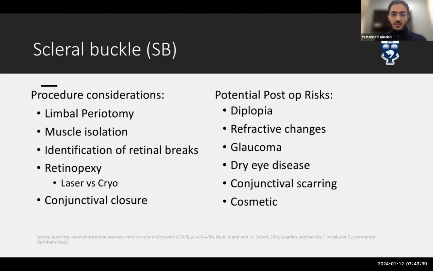A few potential post-op risks that have been described in the literature include diplopia and refractive changes. There's a small risk of glaucoma, sometimes due to steroid response, especially in children, dry eye disease, conjunctival scarring, and the cosmetic appearance after the procedure.